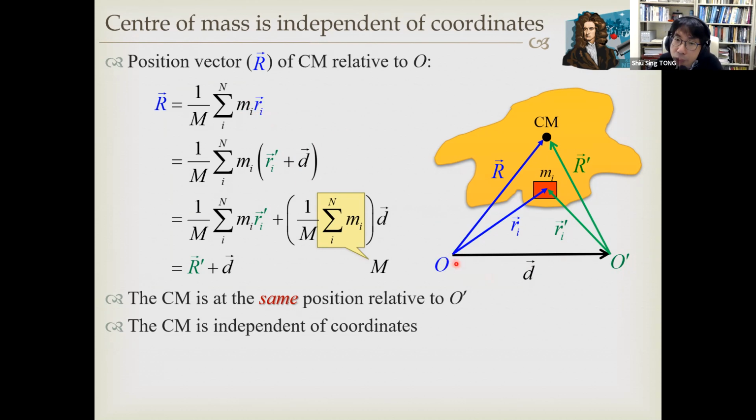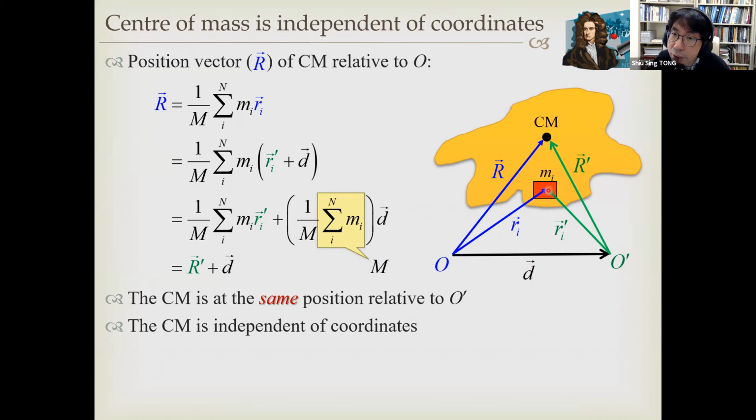Consider now we have two coordinate origins. The first origin I call O, the second origin I call O prime, and they are connected by a displacement vector D from O to O prime. This is a constant vector. Now, suppose we have a piece of mass here. This is an extended object, and I suppose I chop it into very, very small pieces.